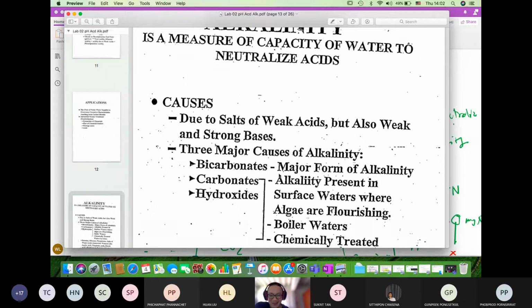But in some cases, the alkalinity may be caused by hydroxide ions, the dissolution of hydroxide ions. But mostly, we could find bicarbonates in natural water, and they act as the natural buffer system to resist pH change if some acid is added accidentally or intentionally.